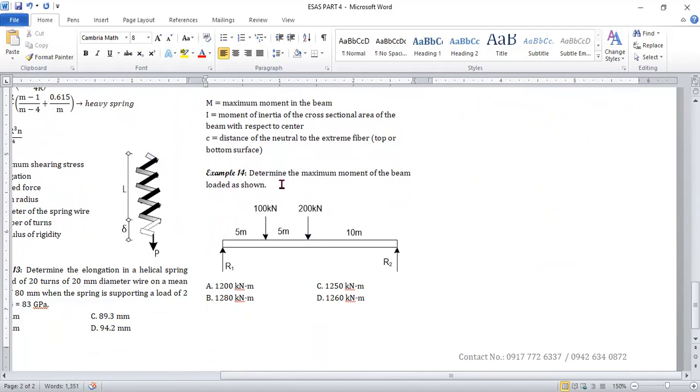Okay, so in the item number 14, so we are asked to determine the maximum moment of the beam.